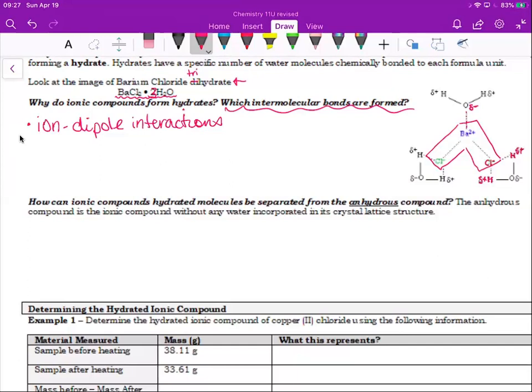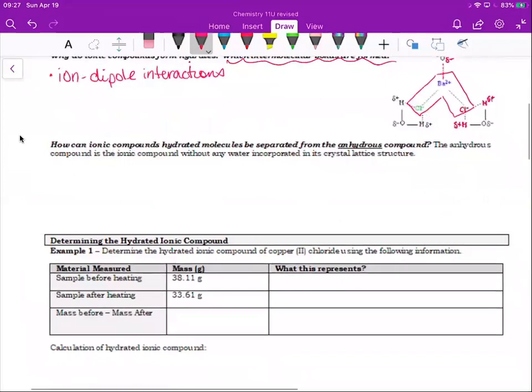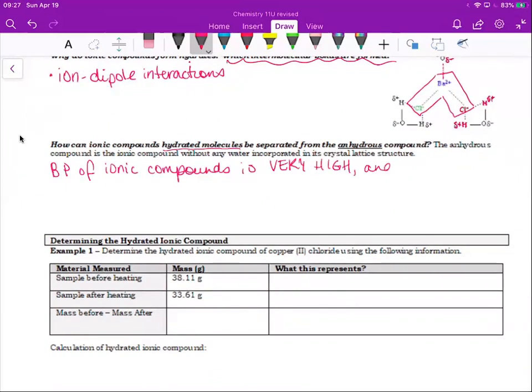So how can hydrated ionic compounds be separated from the anhydrous compound? Well, if you remember the boiling point of ionic compounds is very high, and water is 100 degrees Celsius.